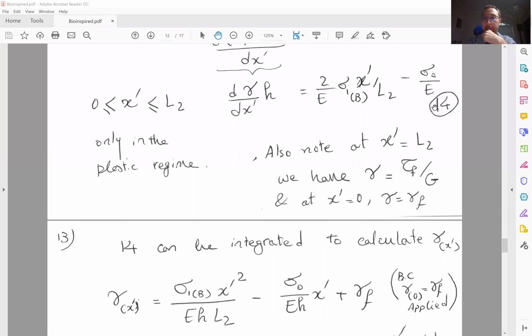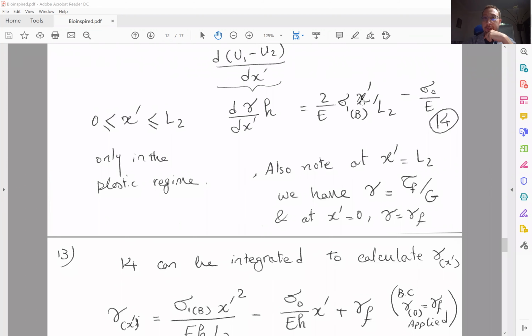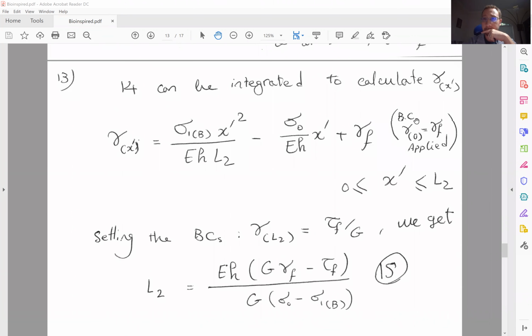This is what we call equation 14, and equation 14 is first order in terms of x prime. It can be integrated. First, I use the boundary, gamma of x prime equal to gamma f. When I apply this boundary condition, gamma of x prime becomes this, and you can easily see that if I set x prime equal to 0, it gives me gamma equals gamma f.